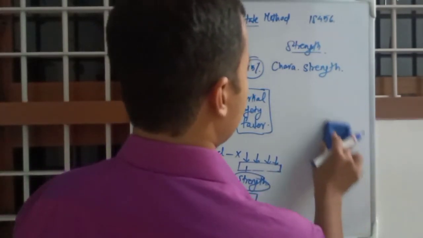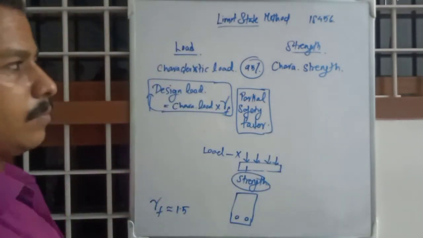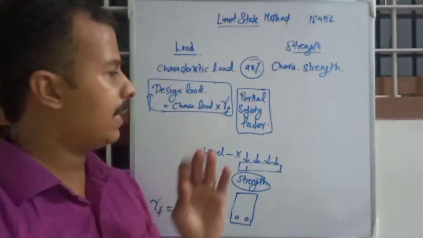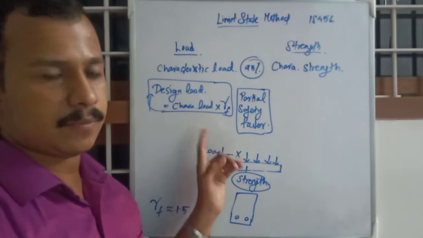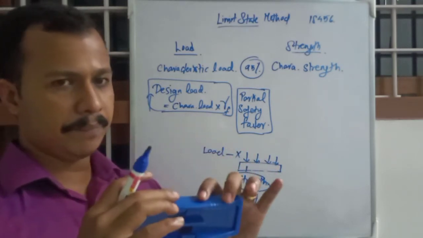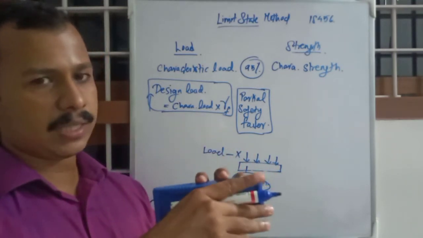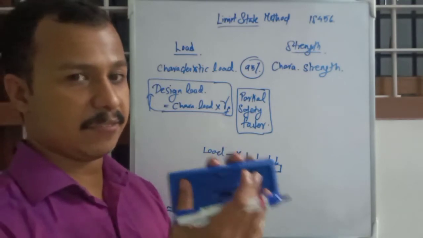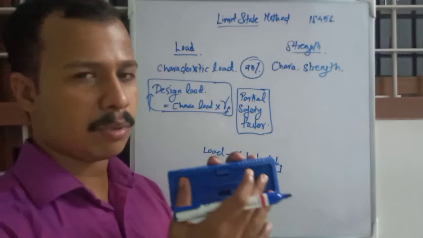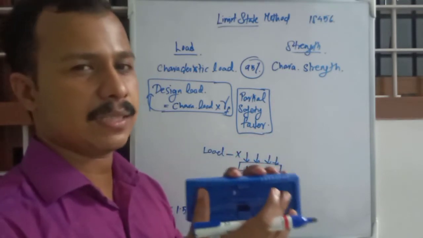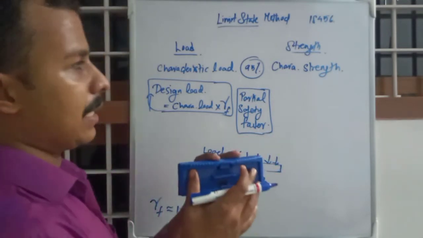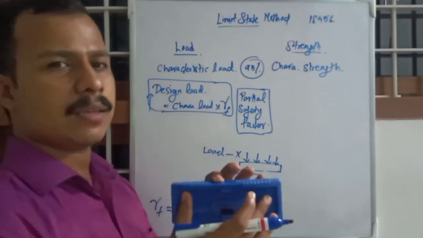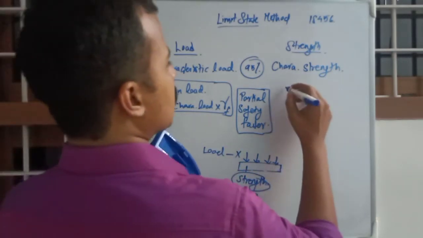So fck and fy you know right now. And then again that logic of here. If this is the beam and we know the actual strength fck and fy of the materials in this RCC beam, how will you consider it as design strength?